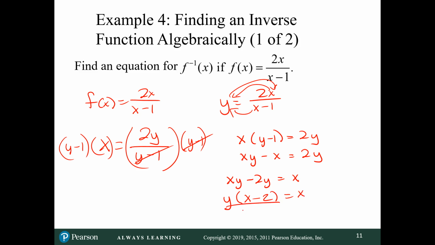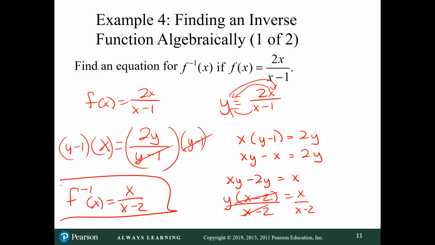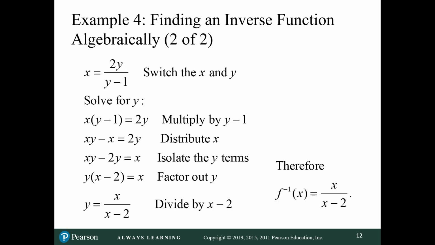So then y can be all alone. So then we rewrite it as f inverse of x equals x over x minus 2. This is the inverse function of this function. That is the inverse function of that function. Okay? And they went through the steps there.